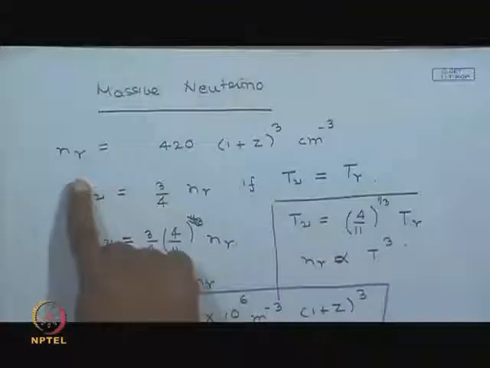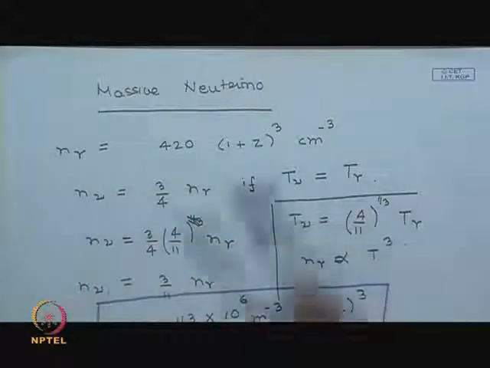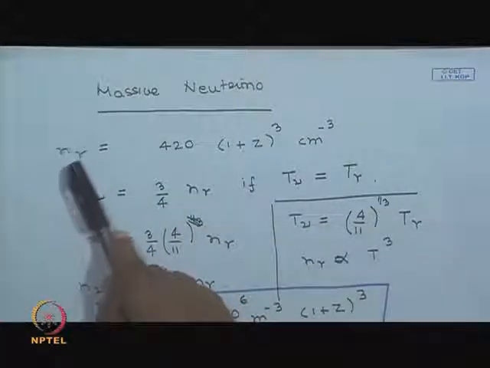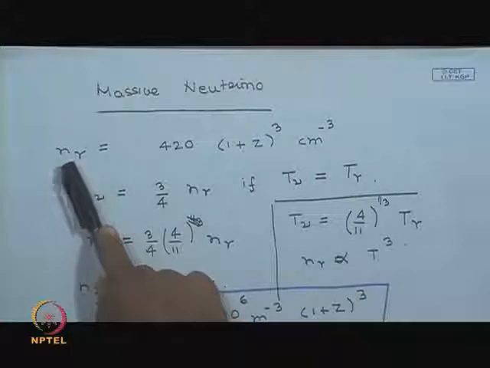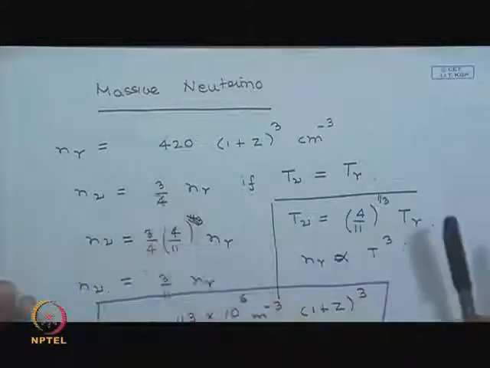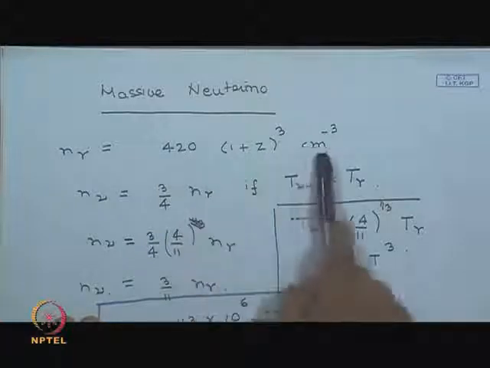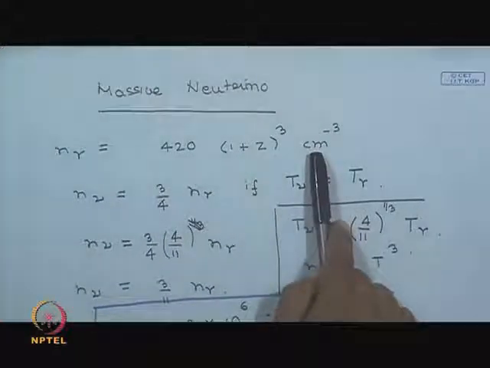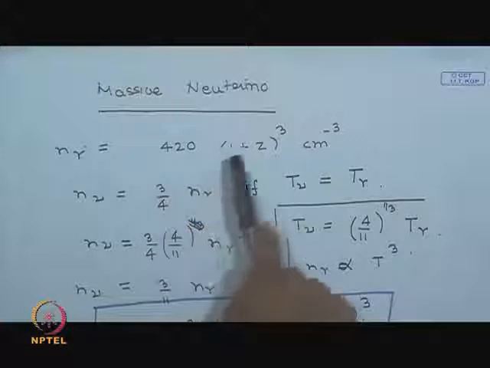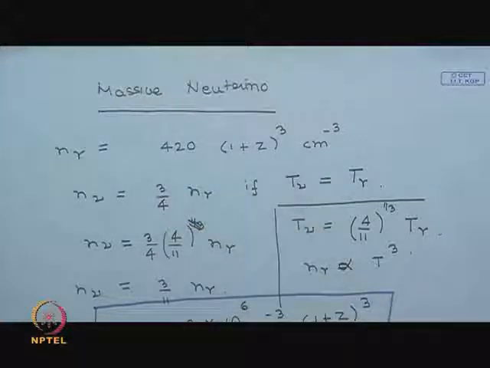So, we started off by noting the fact that the photon number density in the universe is 420 photons per centimeter cube at present, and the number density scales as (1+z)^3.